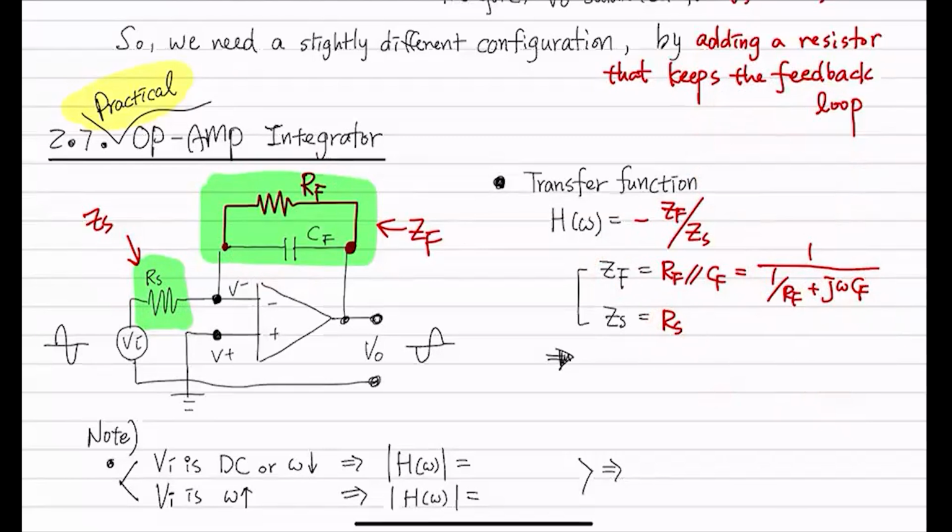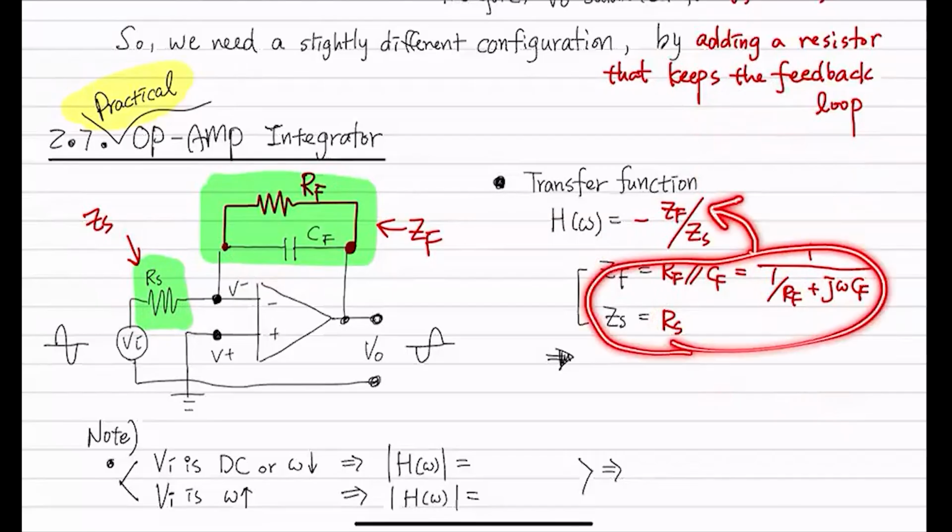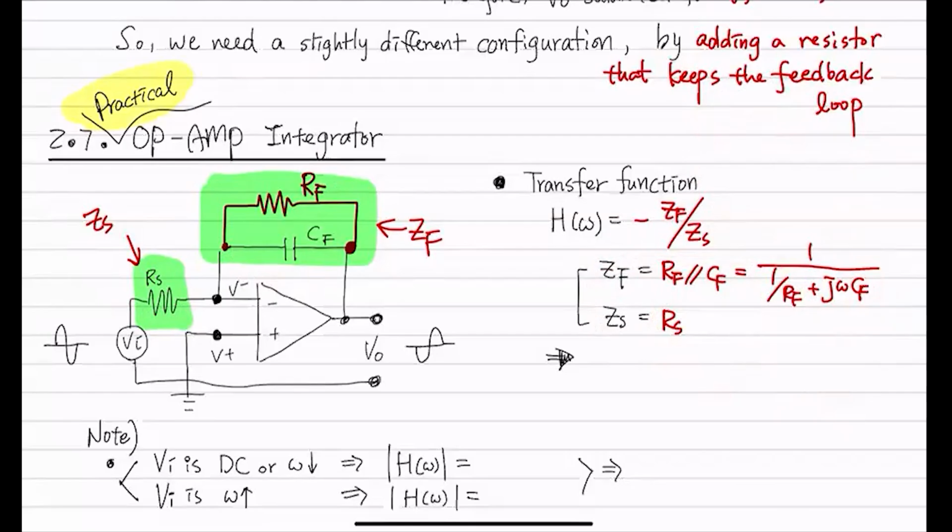So what do we have to do? We have to just plug these in back to this equation we got, and that is H of omega equals negative RF divided by RS, 1 plus J omega RF CF.